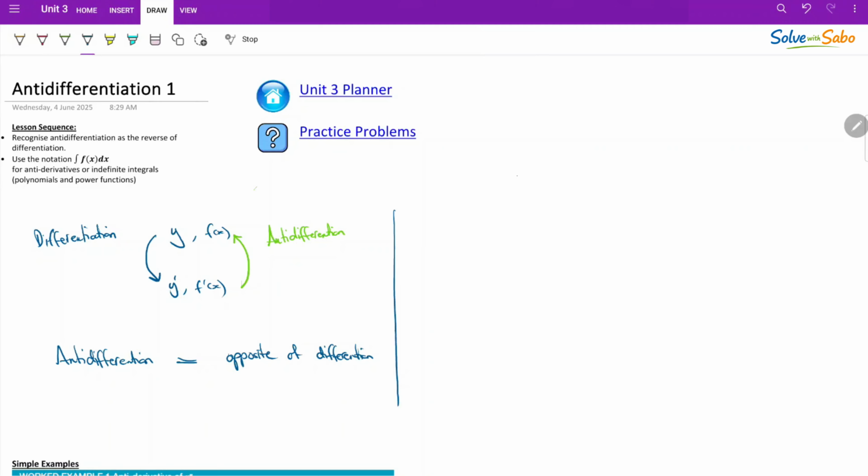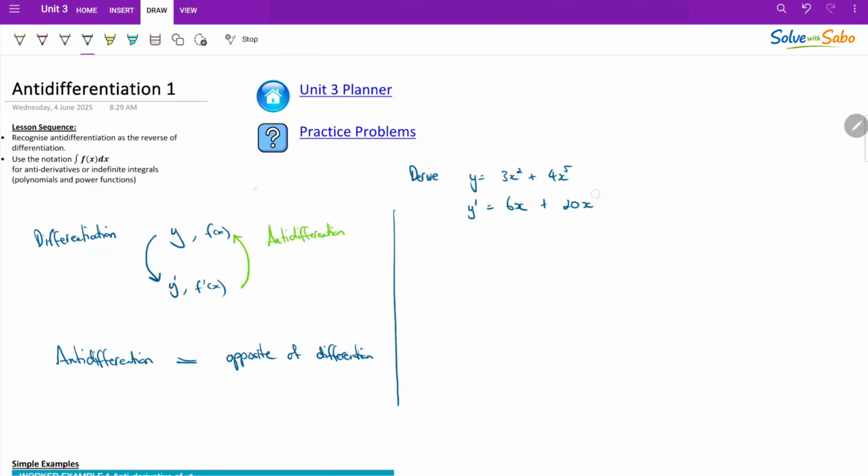Well, let's think about a derive example. So let's derive y equals 3x squared plus 4x to the 5. Okay, a nice simple example. So if I want to derive that, I multiply by my power, reduce my power by 1.